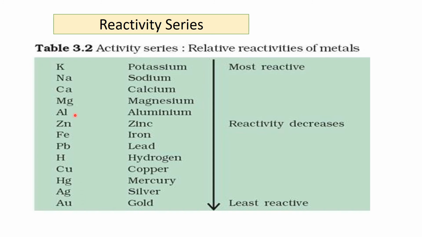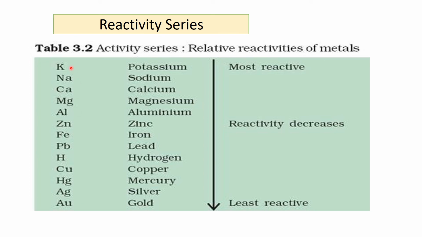As we have seen in the reactions of metals with oxygen, with water, with acids, as well as with the salt solution of other metals, they reacted differently. Every metal is differently able to react with oxygen, water, acids, and the salt solutions of other metals. So from all these reactions, a series is created, that is the reactivity series.